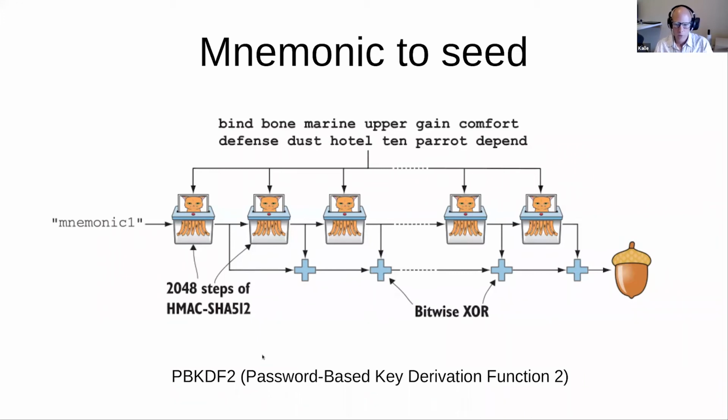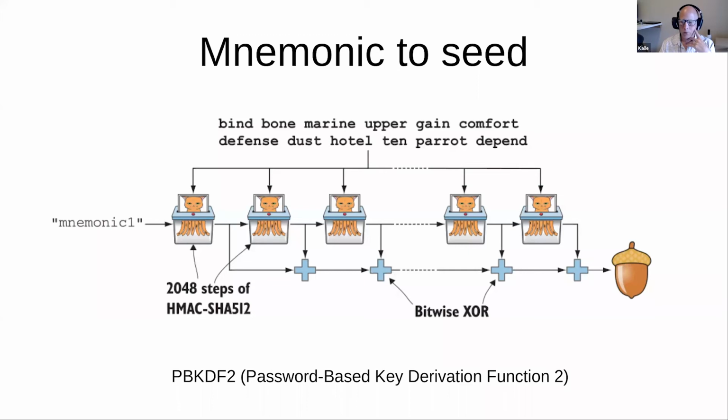This is called password-based key derivation function 2, PBKDF2. Really horrible abbreviation, but that's the way it is. And this is something called key stretching, actually, to make it slower to make guesses.